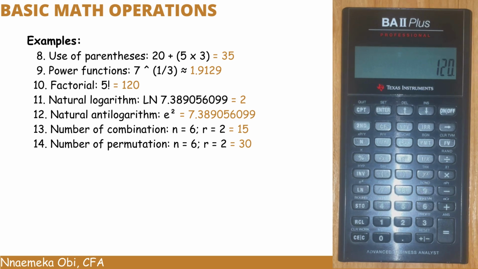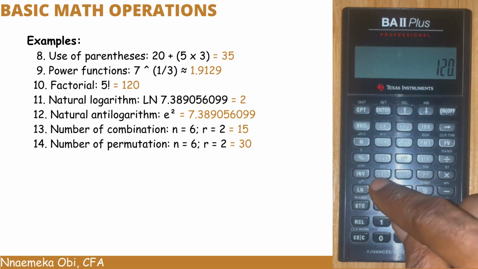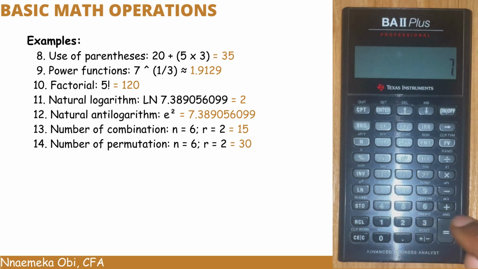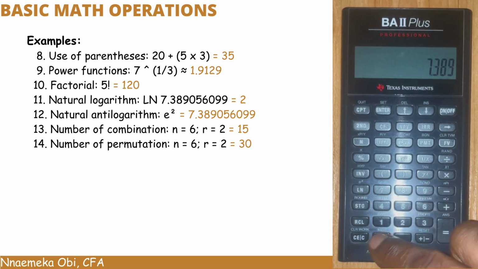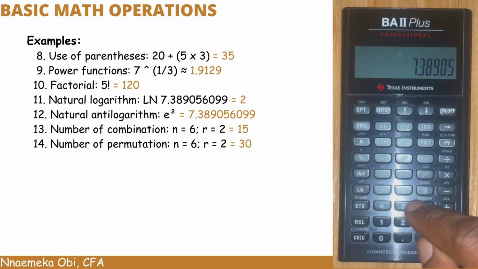Now we can also use the calculator to get the natural logarithm and the natural anti-logarithm. Let's say we want to get the natural logarithm of the number displayed, 7.3890561 (e squared).